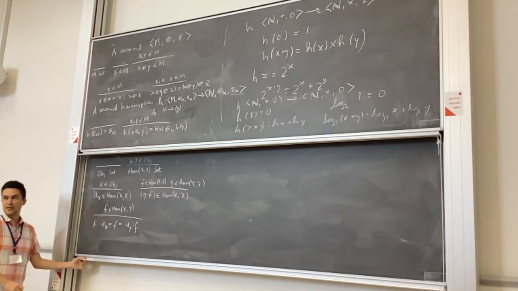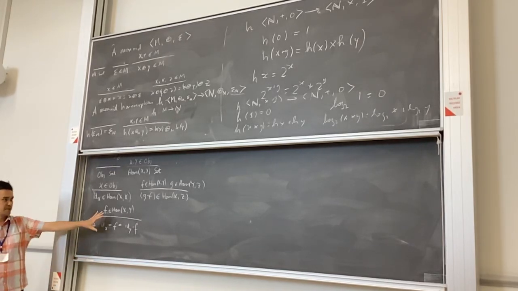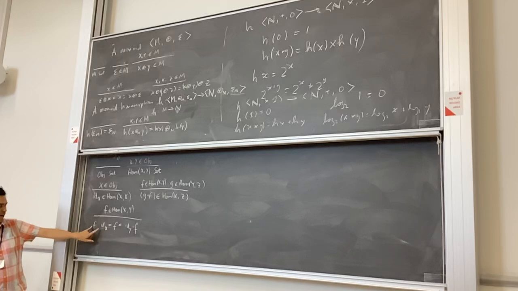Okay. So this is saying that the identity really doesn't do anything when you compose it. And in some sense, this is the first time that we've linked together composition and identity. I told you how they behave when they interact.